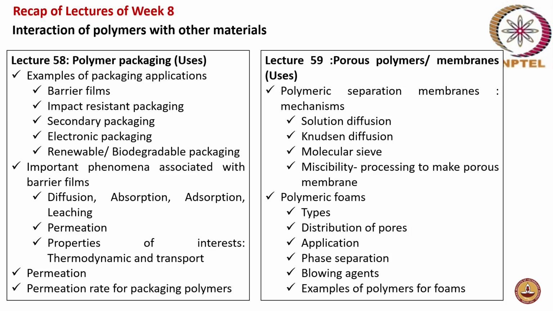This azocarbonamide acts as a blowing agent by releasing different gases like nitrogen and carbon dioxide. When these gases escape, your pores are formed and foams are formed. And then what are the examples of polymeric foams? The common examples are your polyurethane, your styrofoam, polystyrene. Polypropylene can also be used to prepare polymeric foams. So these were all discussed in that lecture.